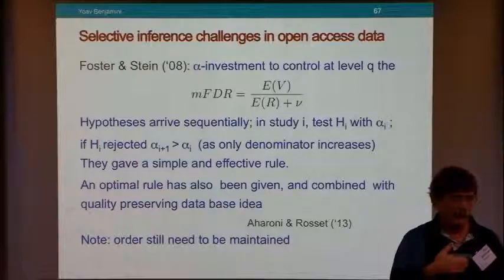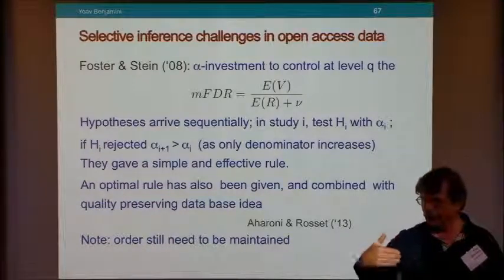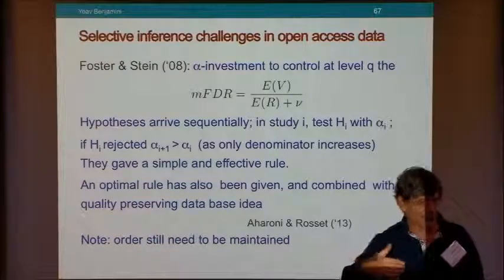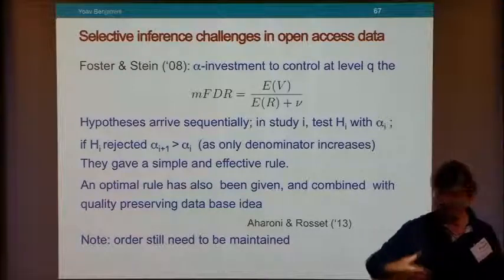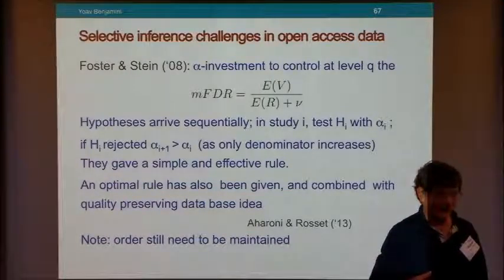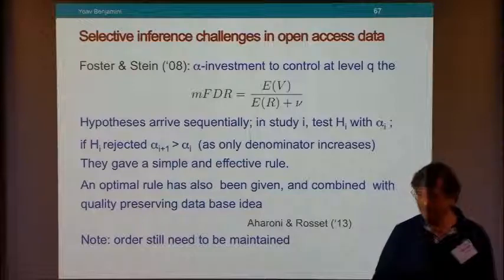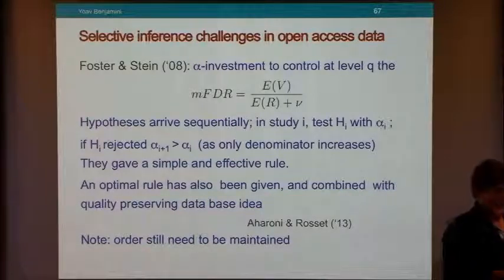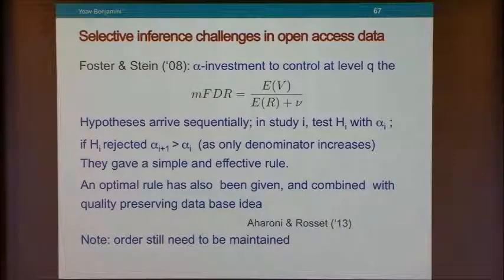And actually, while everyone seems to be using smaller and smaller alpha to decide that a rejection has occurred, in fact, the power remains stable. So the fact that cases are added, you keep a stable power at the same time. So the point I'm making is I think these ideas are ripe for further utilization and can be used to address issues in open access data.